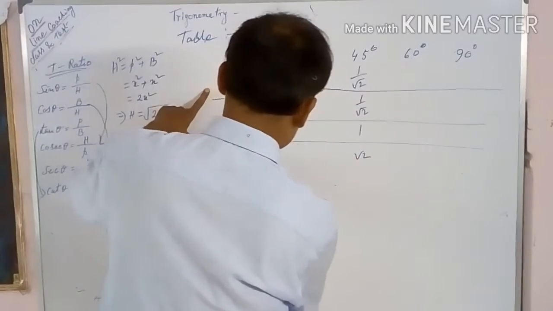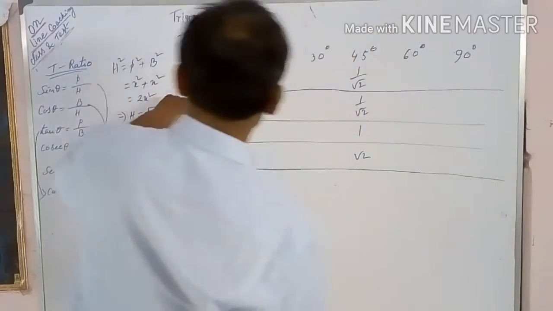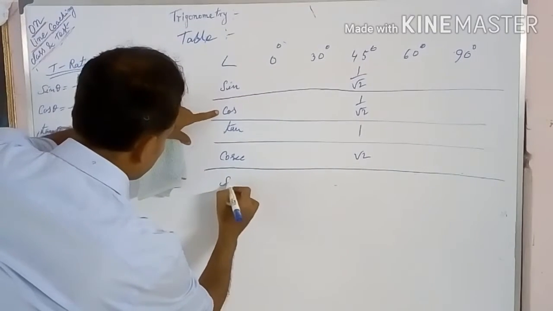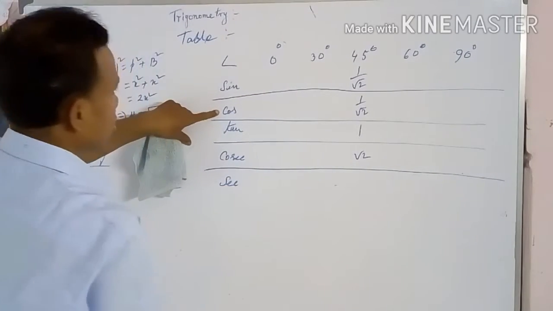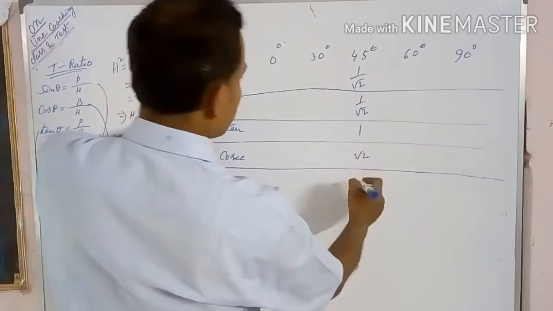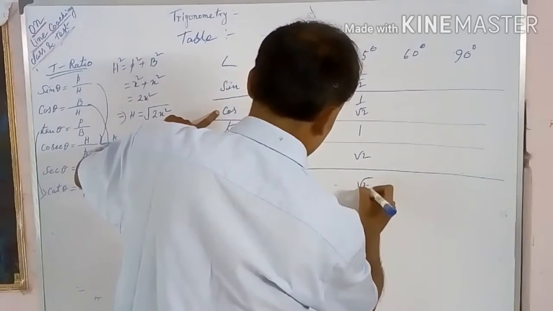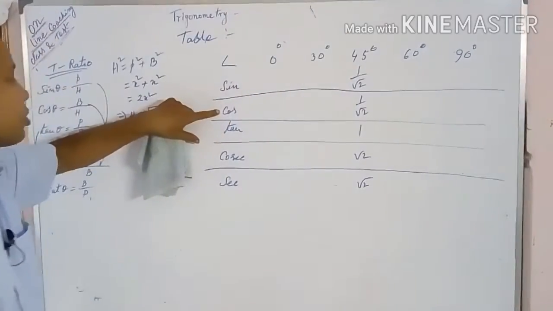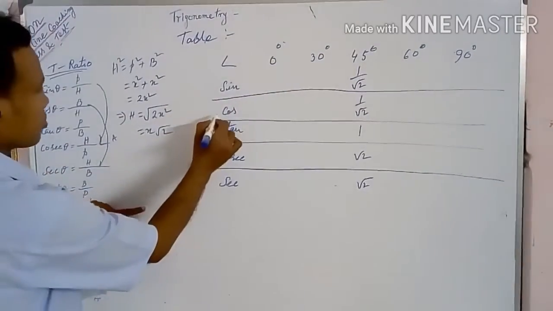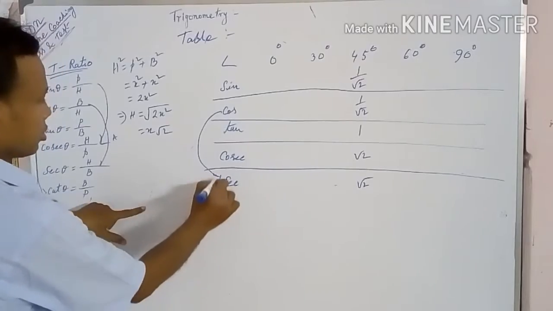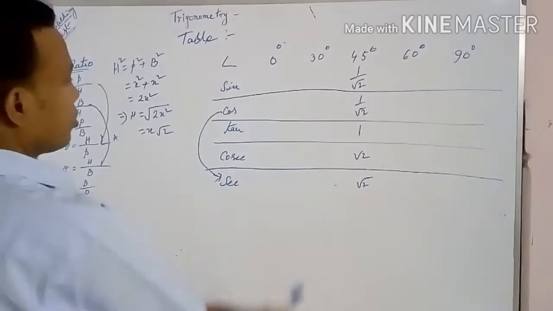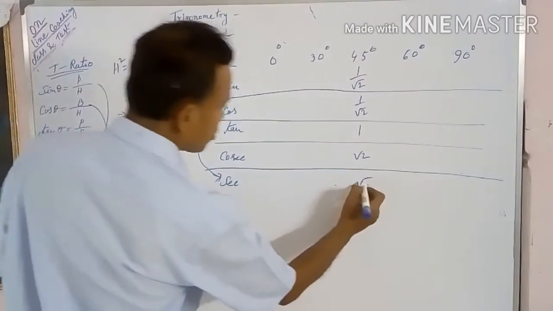The reciprocal of cos theta is equal to sec theta. Sec 45 is the reciprocal of 1 by root 2, that is root 2.